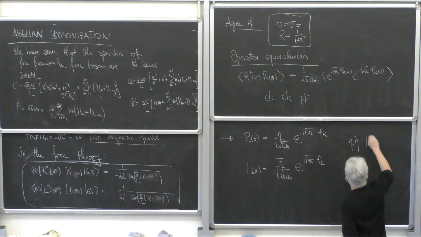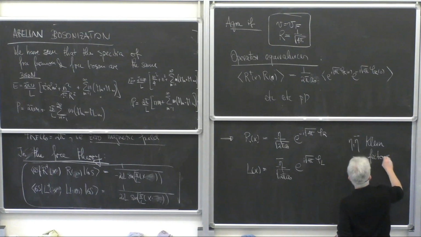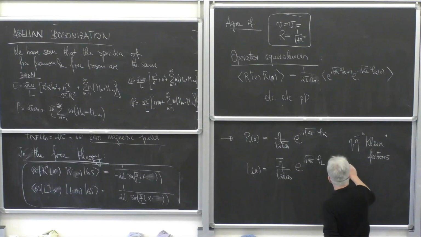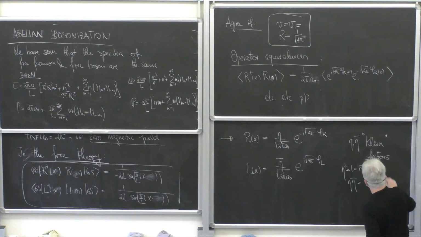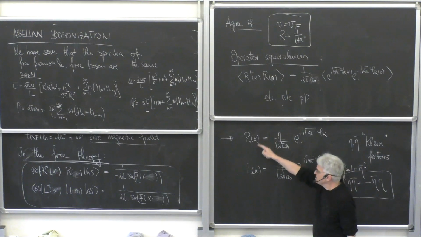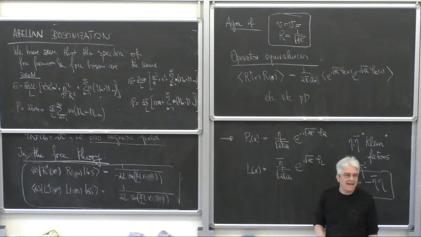This is a very common trick in QFT. These are so-called Klein factors. These are anti-commuting variables that square to 1. And it is this anti-commuting property of the Klein factors which ensures that R and L anti-commute.